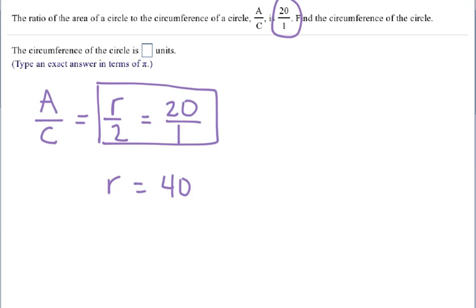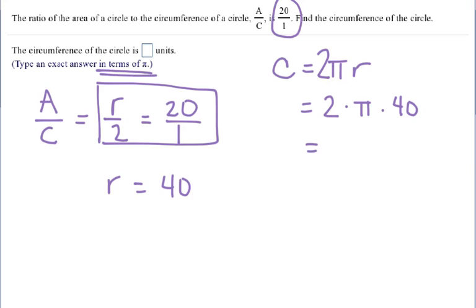Now I can plug that into my circumference formula. Circumference equals 2 times pi times r. So it's 2, and then it says in terms of pi, so I'm going to keep pi there, times radius, which is 40. So I get 80 pi, and I look at my labels.